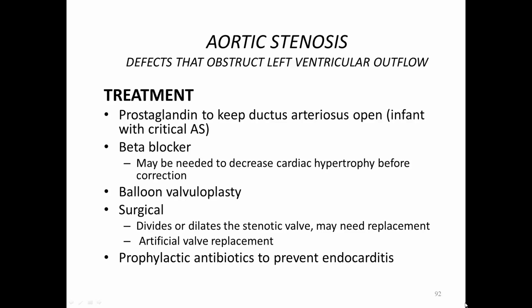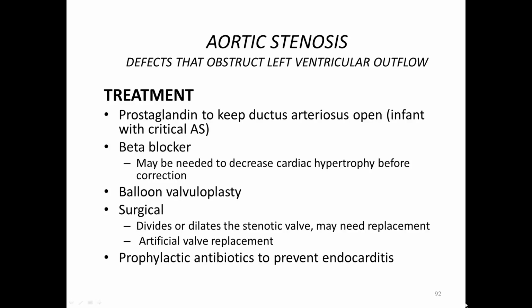Once we get them stabilized, then they may try balloon valvoplasty on them, but typically if they're that critical, they'll probably go ahead and do a valve surgery. They may try to surgically dilate or divide the stenotic valve. If they can't do that, they may have to do a valve replacement surgery. These children are typically going to be put on prophylactic antibiotics to prevent the development of endocarditis.